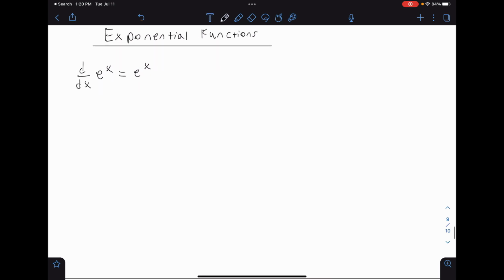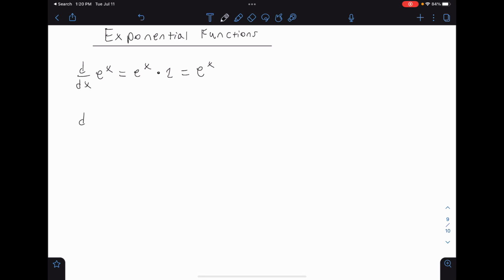So that means we have to use the chain rule. You take the derivative of the inner function and multiply it by the derivative of the outer function. Our outer function is e to the x, and its derivative is e to the x. But we also have to account for our inner function x, whose derivative is 1. So times 1, and that's why the derivative of e to the x is e to the x.